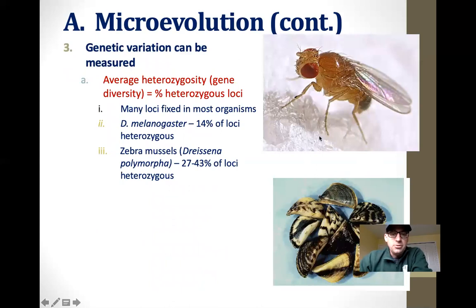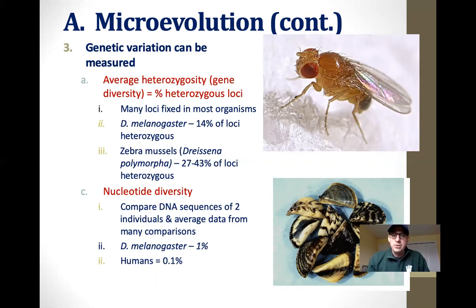When you take a look at Drosophila melanogaster, about 14% of their genetic loci are heterozygous. The other 86% in most Drosophila melanogaster are homozygous, or what we call fixed. And then when we take a look at zebra mussels, anywhere from 27 to 43% of their loci can be heterozygous at any one time. The more variation that exists, the more there is for natural selection to act upon, and the more likely it is for allele frequencies to change.